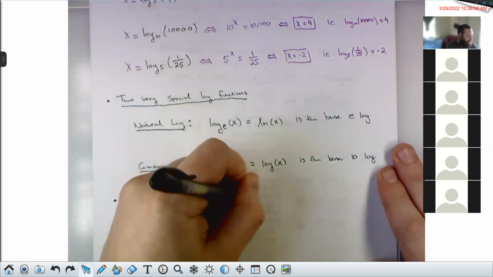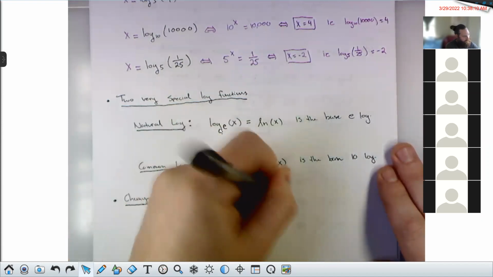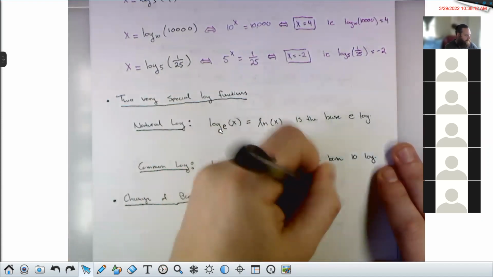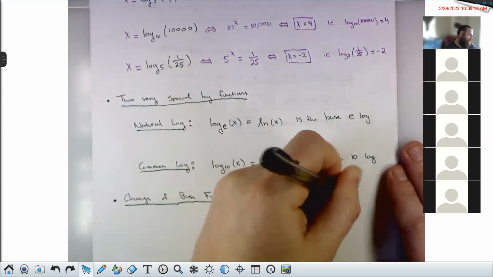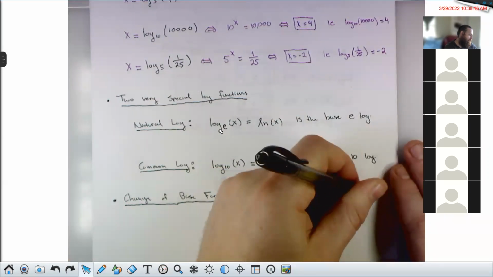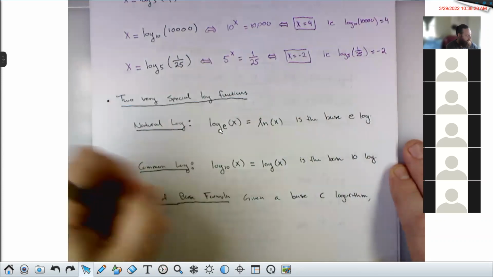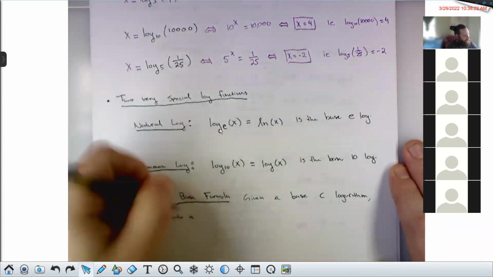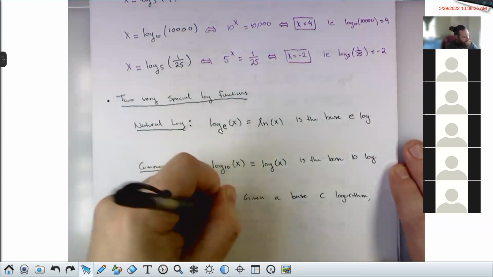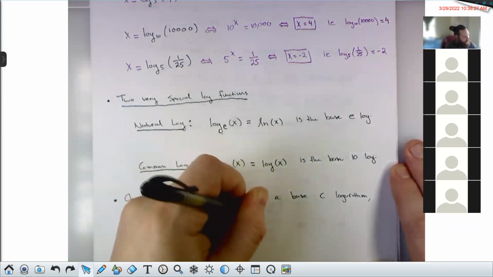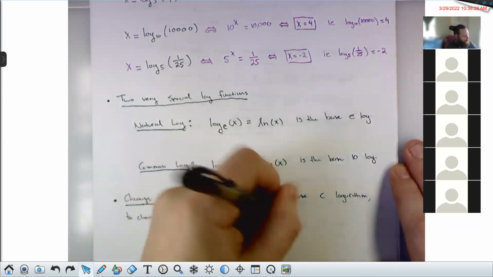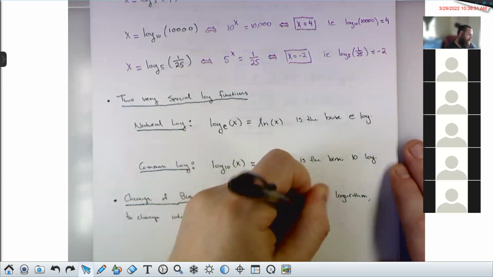This says, given a base C logarithm, to change into a base B logarithm, use the following.